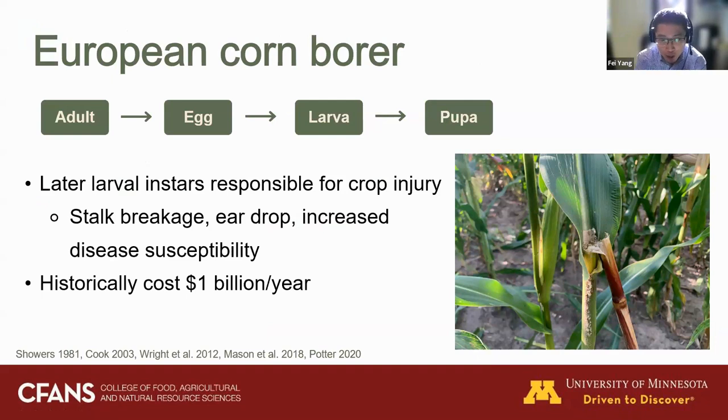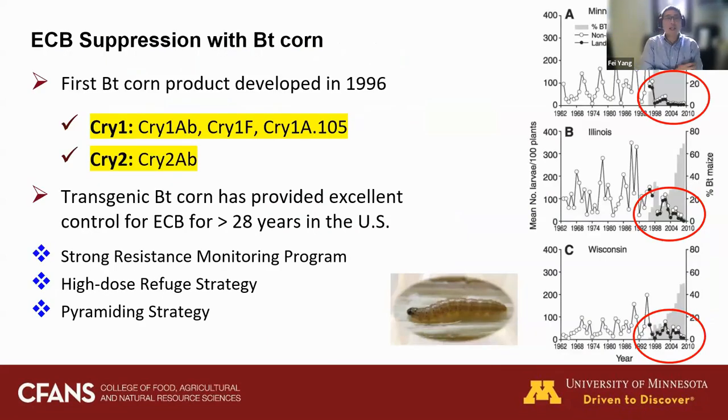Historically, before 1996 and the adoption of Bt technology, this pest alone could cost about $1 billion in yield loss and management costs. So in 1996, we used Bt technology, and since then the ECB population was significantly suppressed.